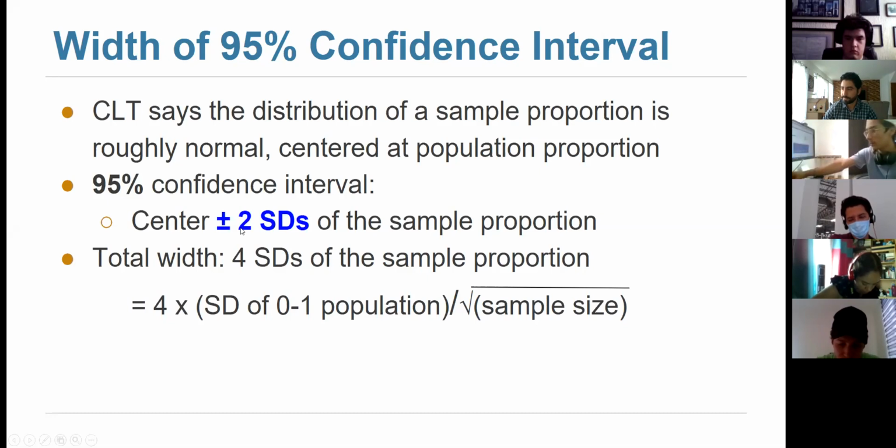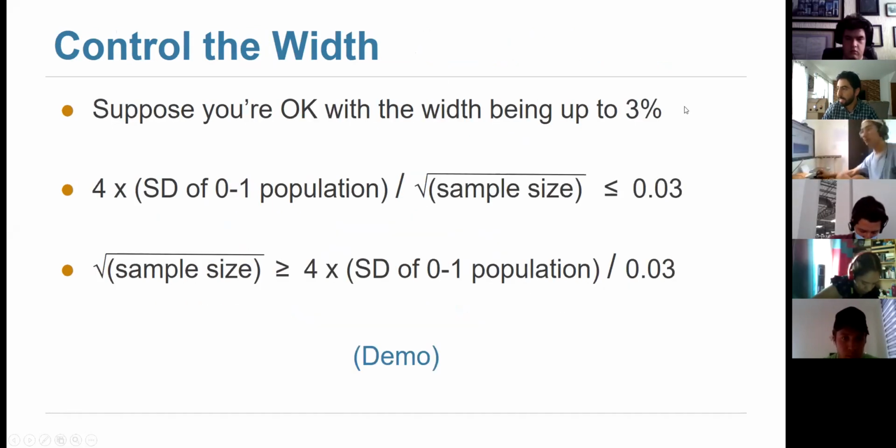This is the same thing that we saw before. My standard error here is equal to the standard deviation of my population divided by the square root of the sample size, and the width is 4 times that. That leads us to this equation, because that 3% is the condition that we have. We want this to be smaller than 3%.